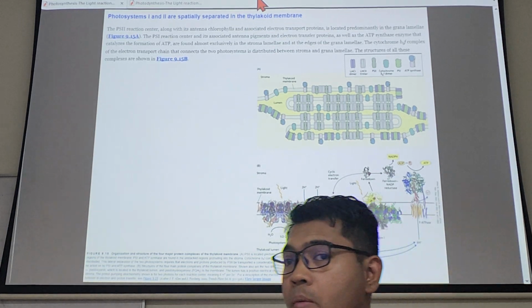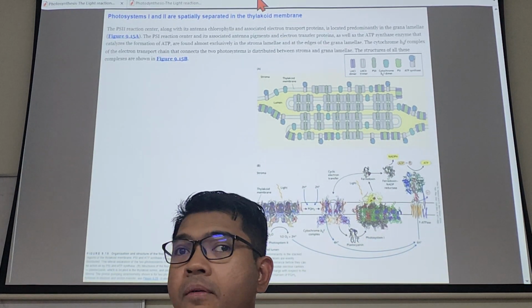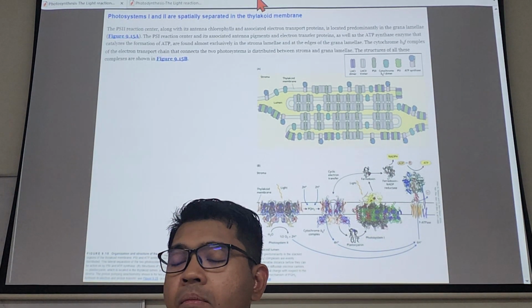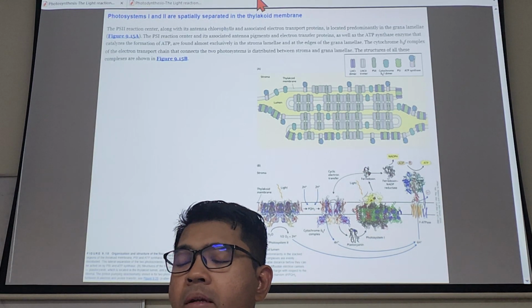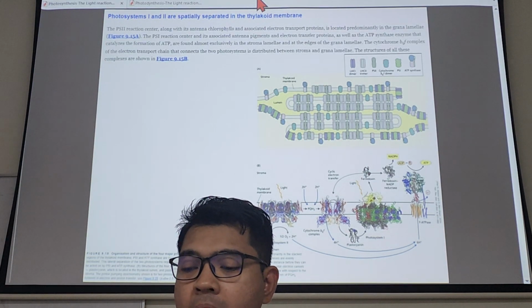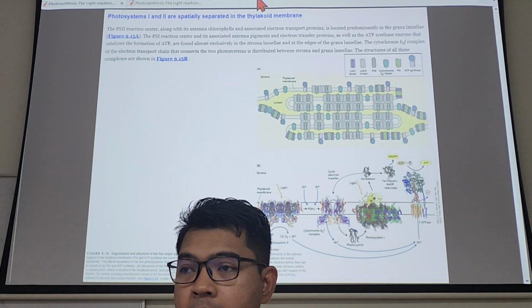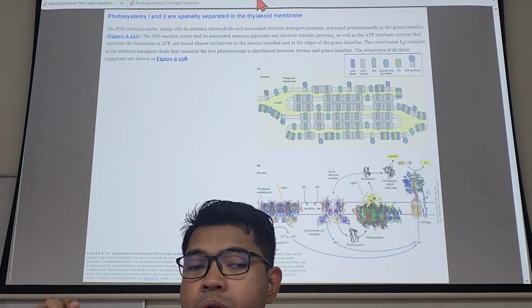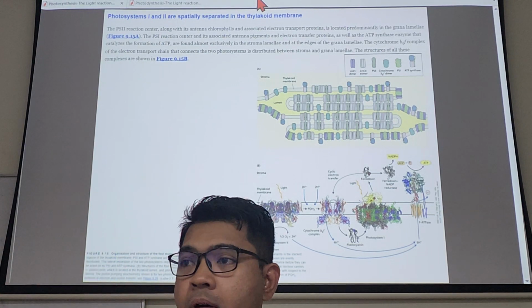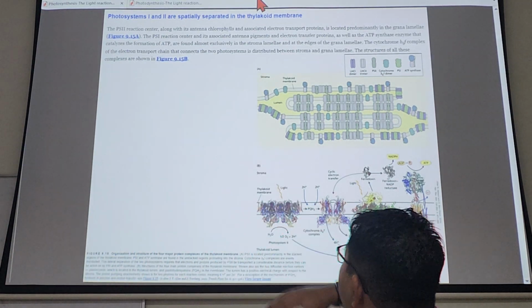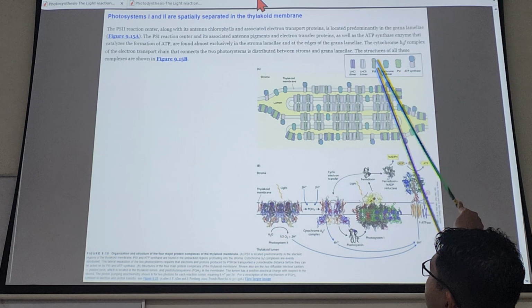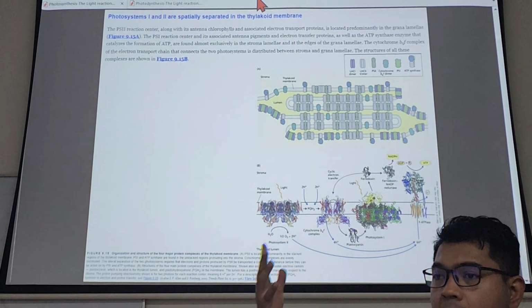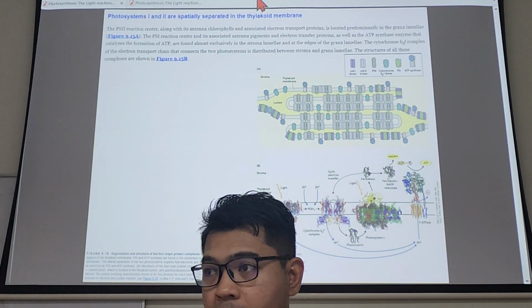Okay, so why? This is important so that the energy transfer between these proteins, by energy I mean electrons, is in the most efficient manner ever. Because all these photosystems will be activated somehow, meaning that they receive energy.